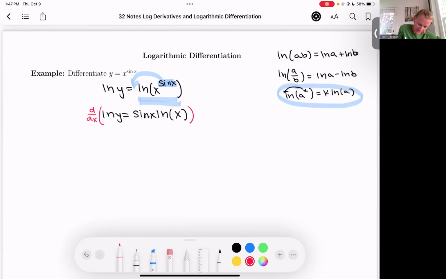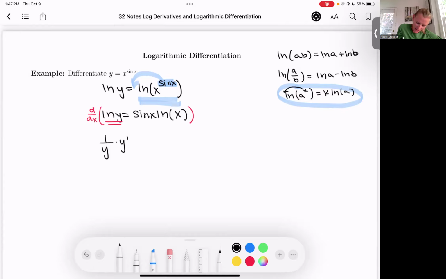Okay? So when I take the derivative of the natural log of y, remember y is a function of x. So when I take the derivative of natural log of y, I get 1 over y, but then I have to multiply that by y prime because of implicit differentiation. Remember, implicit differentiation says every time I take the derivative of something with a y in it, I take its derivative like I normally would, 1 over y, but then I have to multiply by the derivative of y, okay?